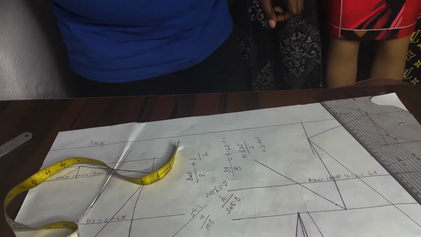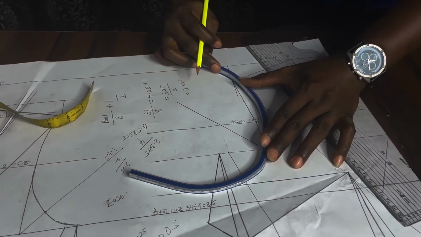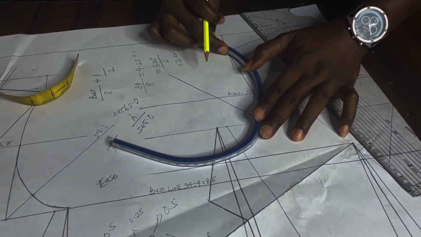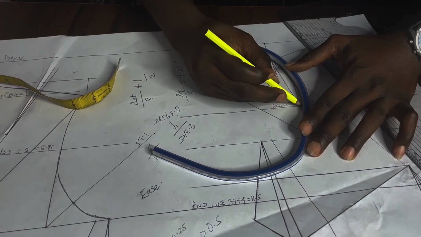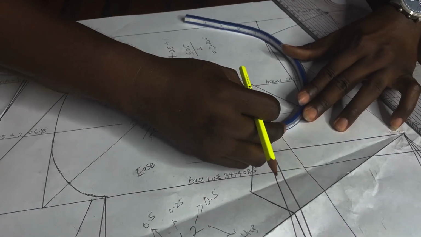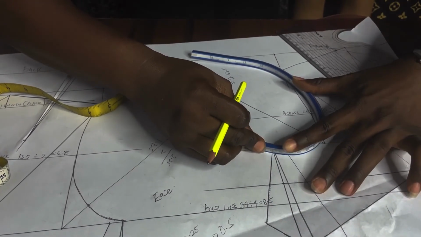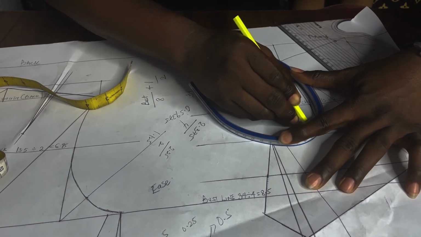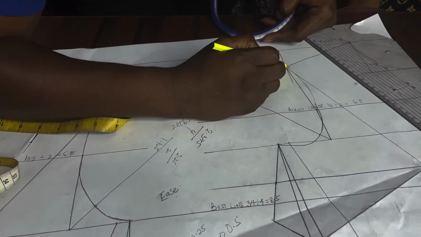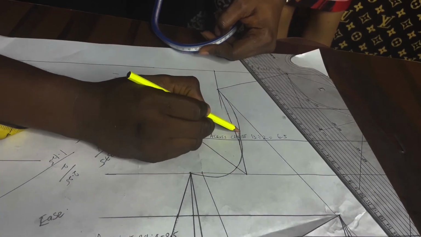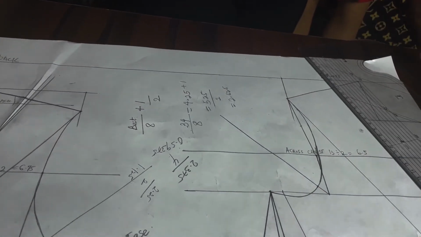Now we are going to use our curve. Okay, using our flexible curve, we have a nice armhole.